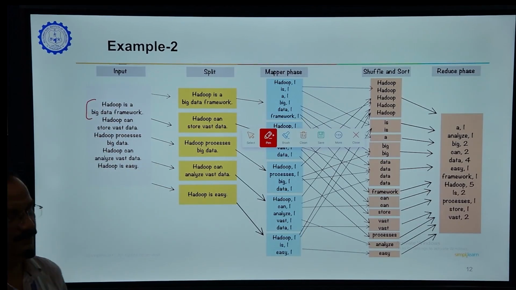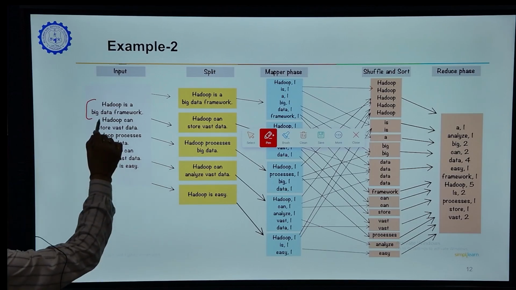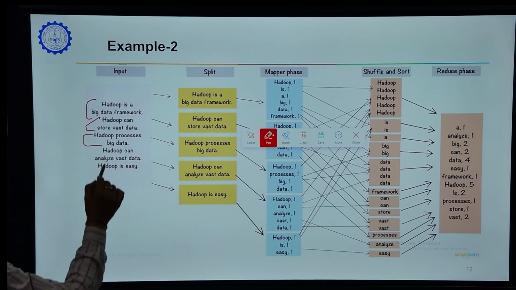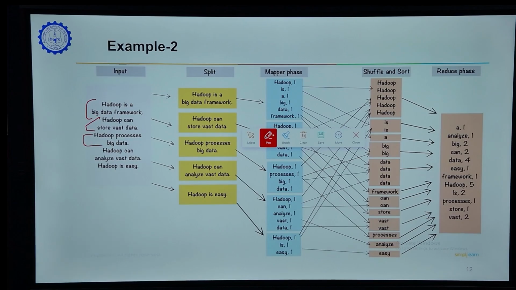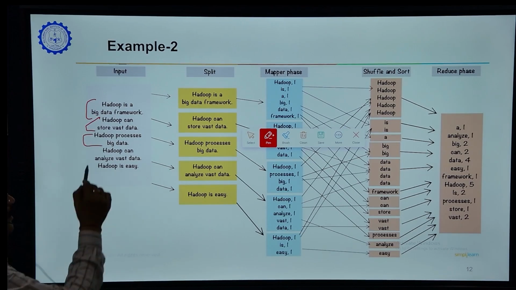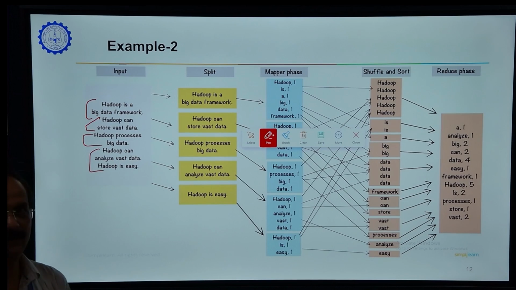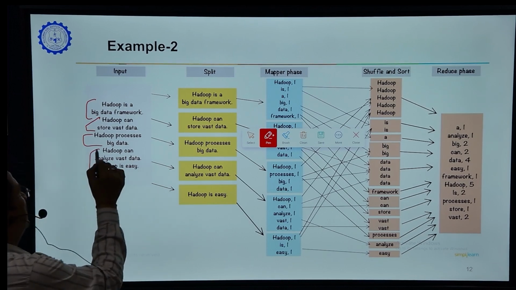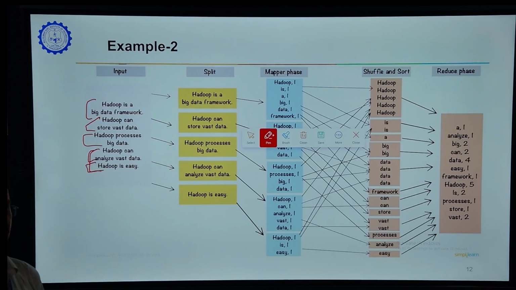Hadoop is a big data framework. Hadoop can store vast data. Hadoop can process big data. Hadoop can analyze and waste the data. And the last one is Hadoop is easy.